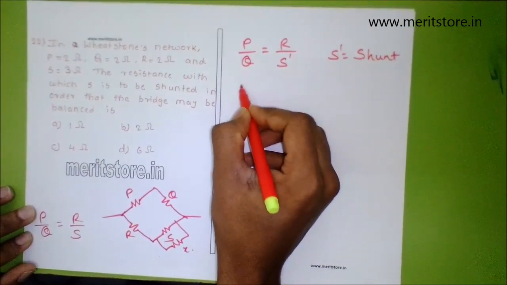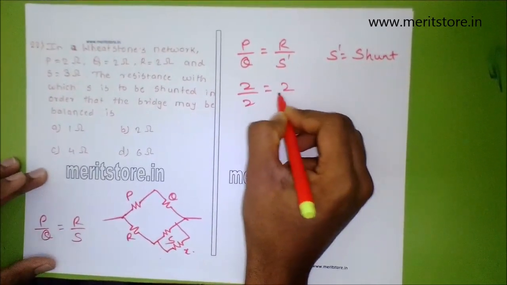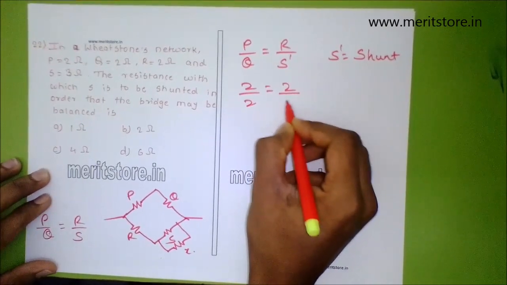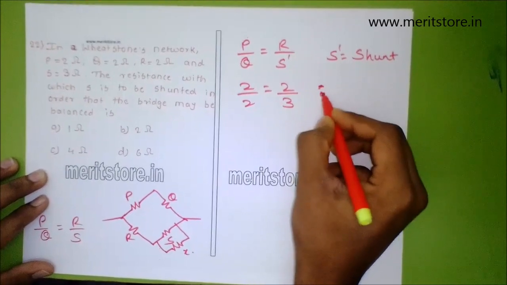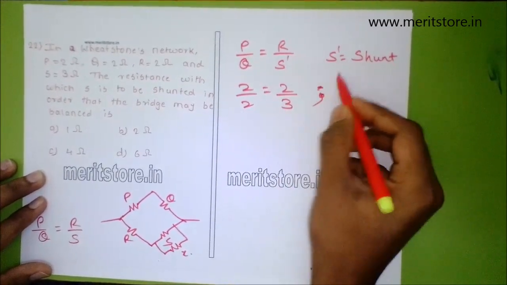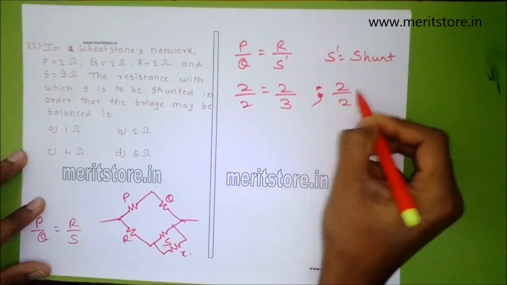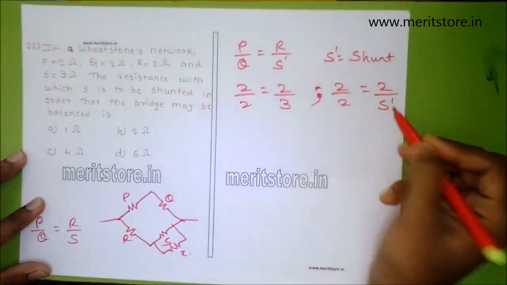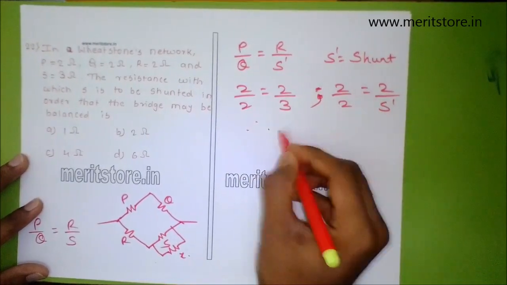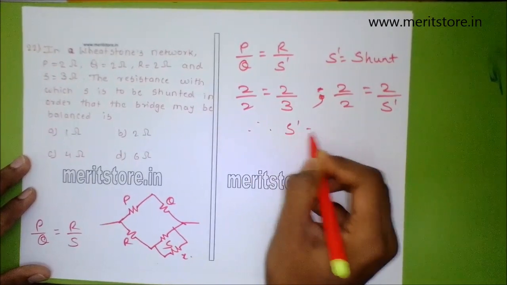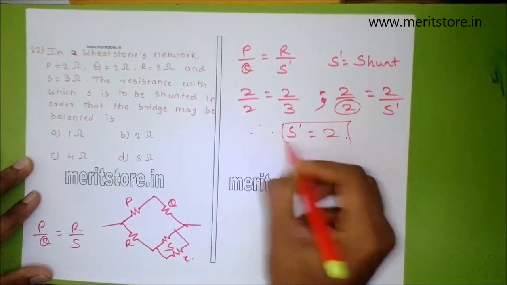Initially, substituting the values, 2 by 2 is equal to R by S, with R as 2 and S as 3. Later, when shunted, we have 2 upon S dash. Since the ratio has to be constant, the value of S dash should turn out to be 2.